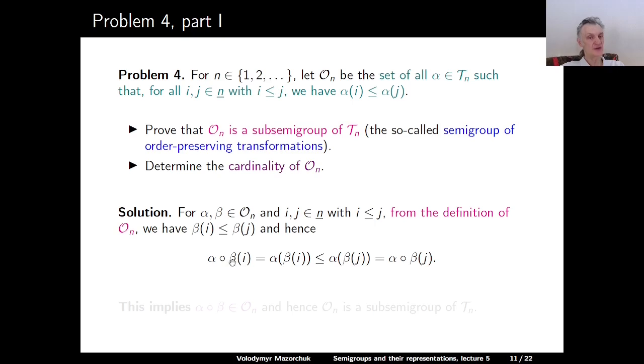And so alpha after beta applied to i is equal to alpha applied to beta of i, but beta of i is less than or equal to beta of j, and alpha is order preserving, so this is less than or equal to alpha applied to beta of j, which is alpha after beta applied to j. And this shows that the composition of alpha after beta is also order-preserving, so belongs to On, which means that On is a sub-semigroup of Tn. Again, On is a submonoid of Tn because the identity is obviously order-preserving.